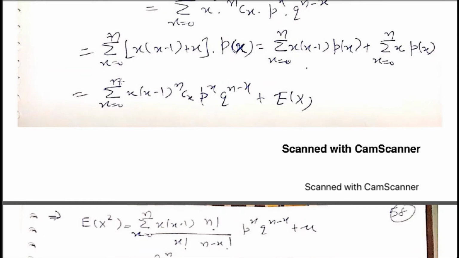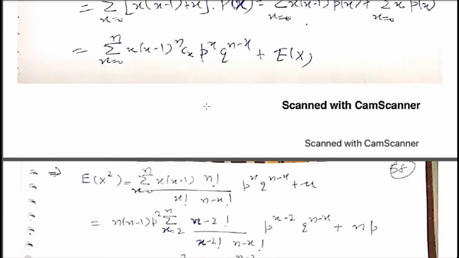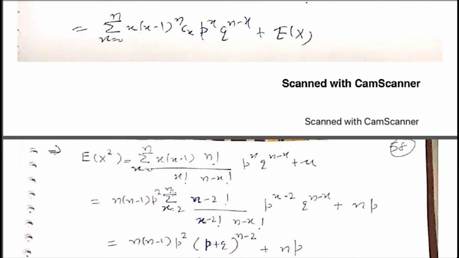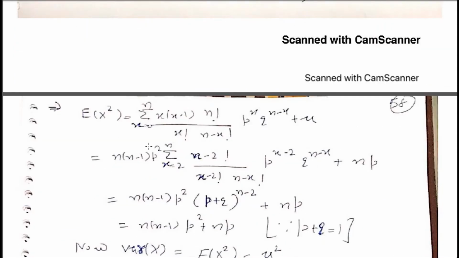Now in the summation x from 0 to n of x into (x minus 1) nCx p raised to power x q raised to power n minus x, nCx can be written as n factorial upon x factorial into factorial n minus x. So our expectation of x square is equal to this summation plus mu.